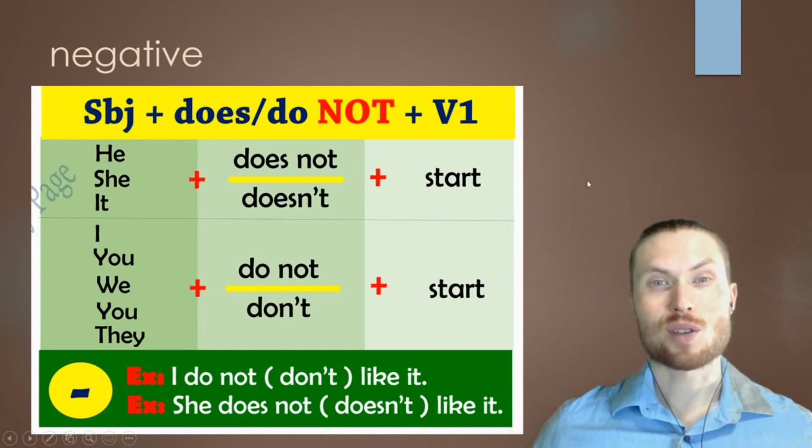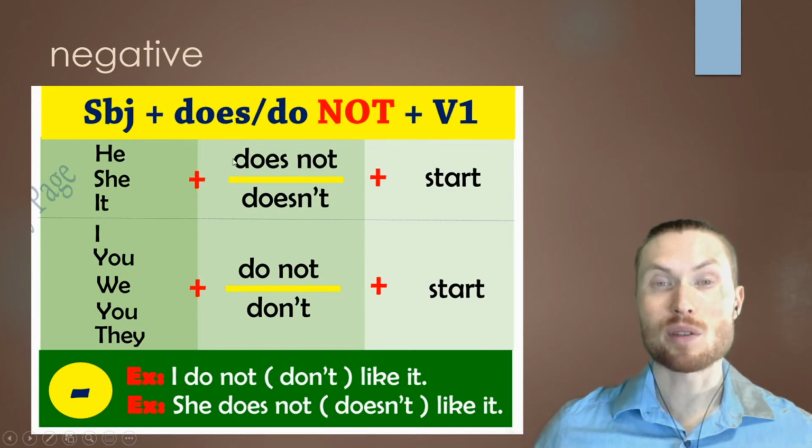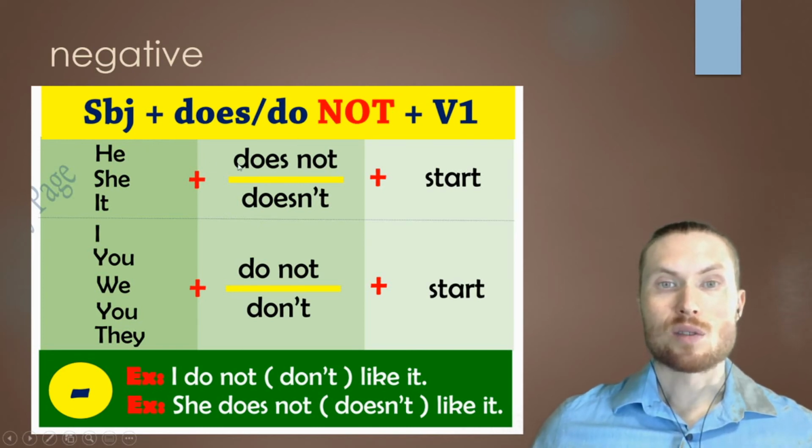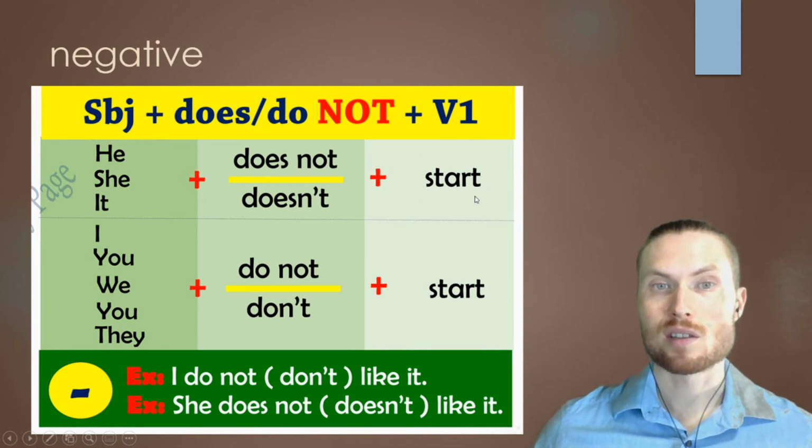Negative is more difficult because we need to add a helping verb, do or does. So he, she, it, singular, does not or doesn't. So doesn't is called a contraction. So it's common to use these contractions as well. So does not plus the verb. So this verb is start.